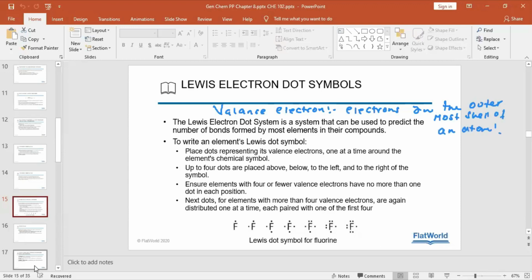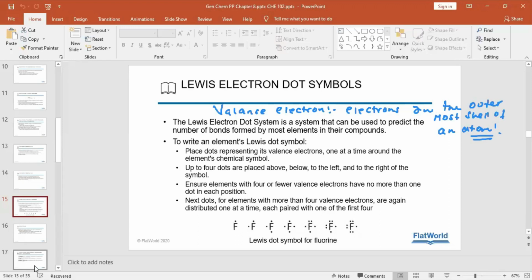We are focusing on the valence electrons. They are the ones who really form a bond. They play a role in forming a bond of the atom. So to understand the geometry of the molecule, we need to understand how the valence electrons are distributed.